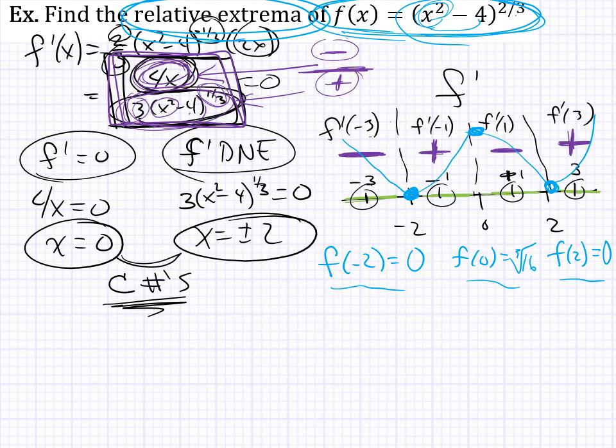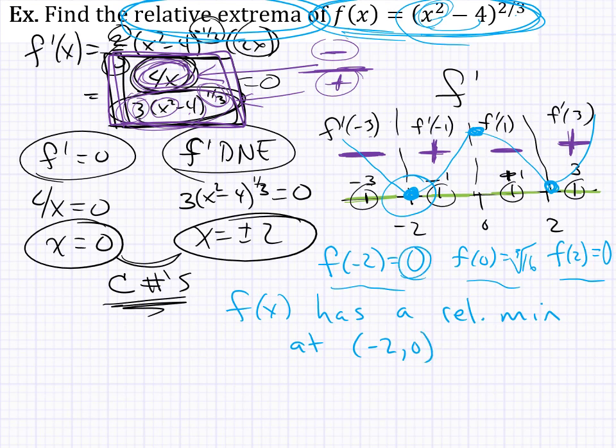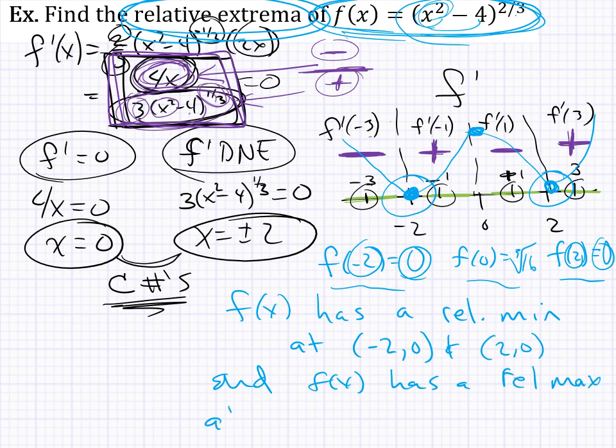And so what we have is relative extrema. We have a minimum. So f of x has a relative minimum at -2 comma 0, because this is the y value for that x value, and over here, which would be 2, 0, x value, y value, and f of x has a relative maximum at 0, cube root of 16.